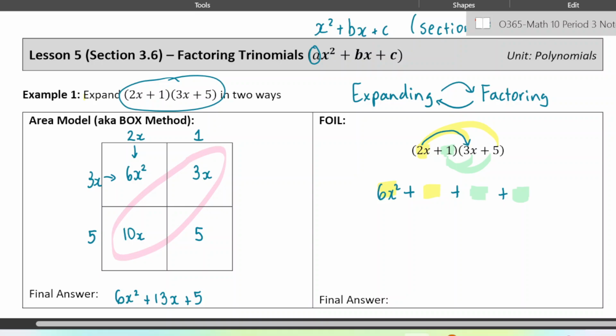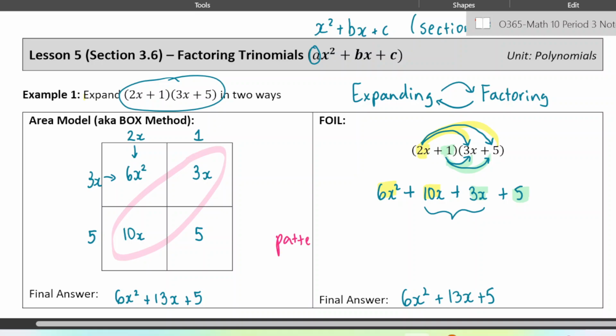We see that in the top left corner of the box. 2x times 5 is 10x. 1 times 3x is 3x, and finally 1 times 5 is 5. And we combine these like terms to make our final answer, 6x squared plus 13x plus 5.